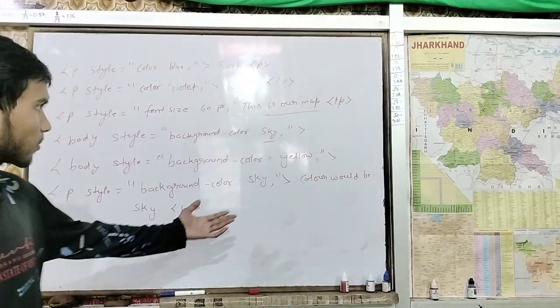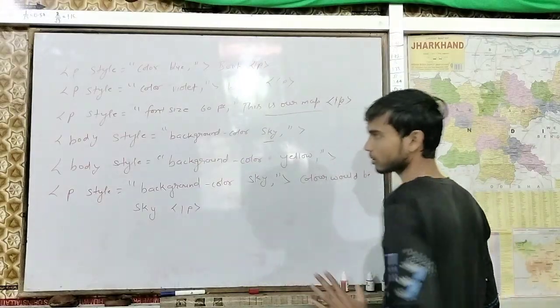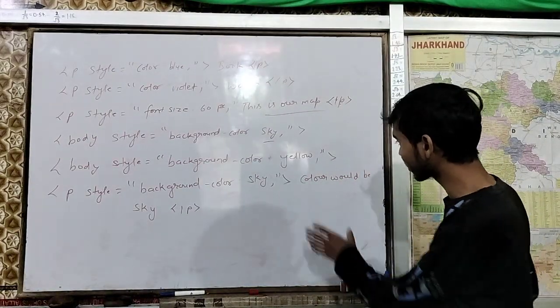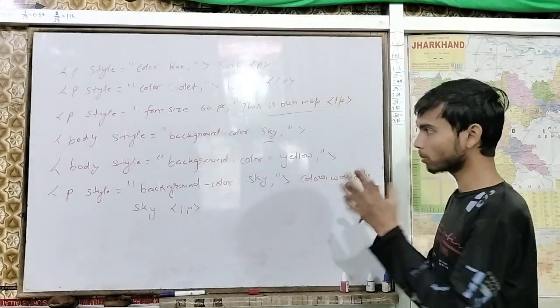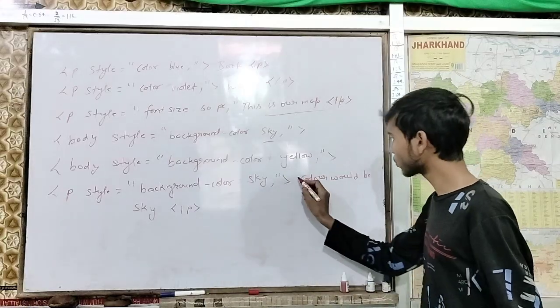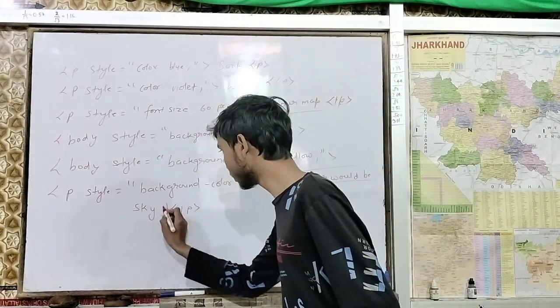Now what will happen? We typed this. So here we are saying that background of this tag, behind this text, should be what type of color? A sky. So this will go like that till here.